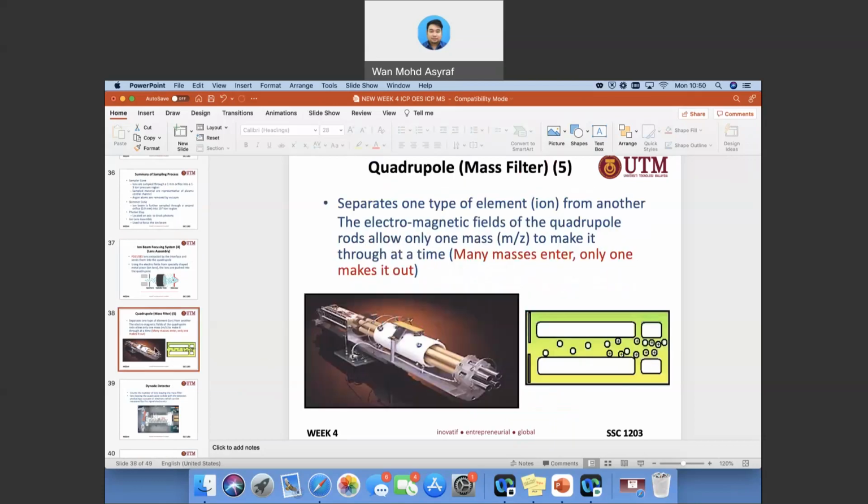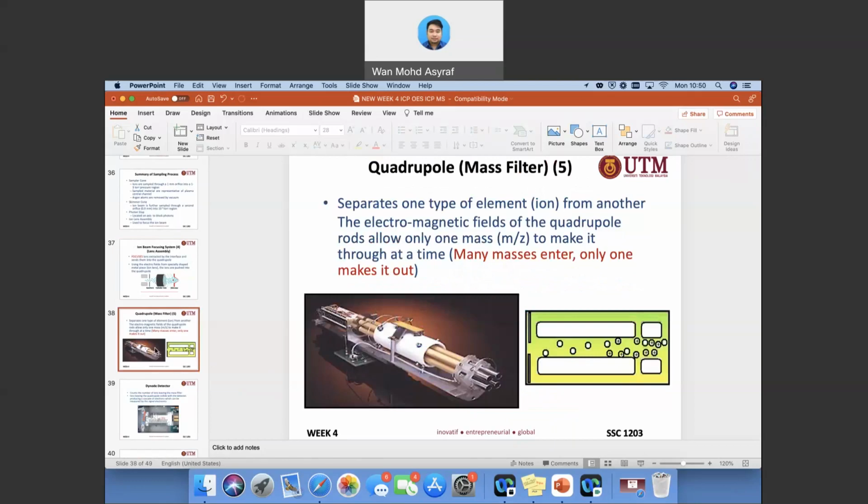All right, so the quadrupole mass filter here separates one type of ion from another. The electromagnetic field of the quadrupole rods allows only one mass to make it through at a time.